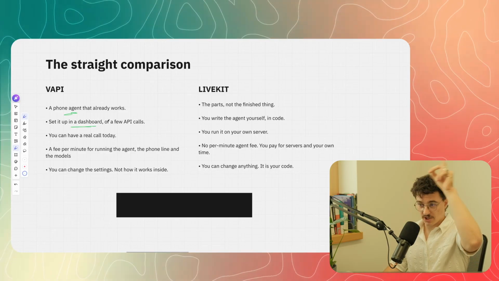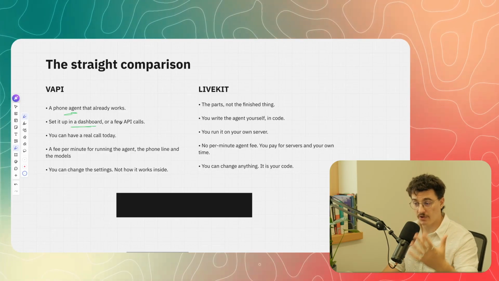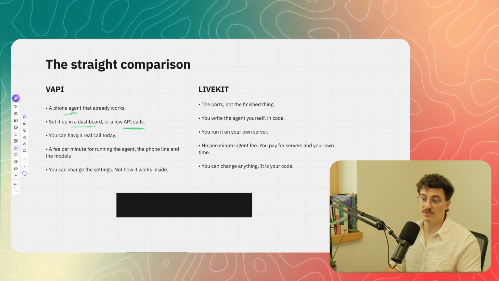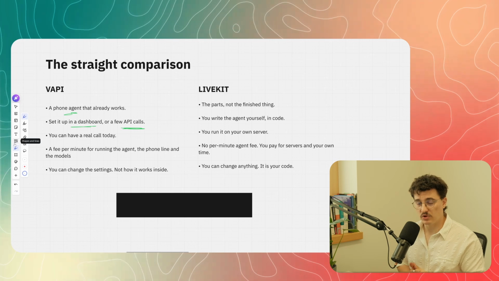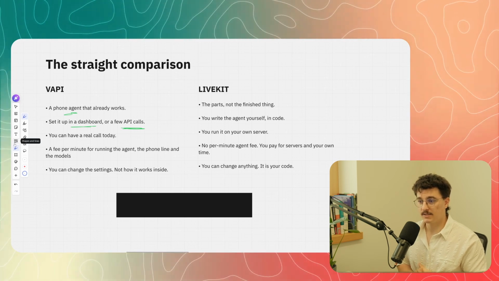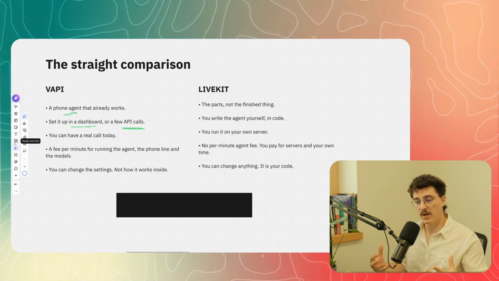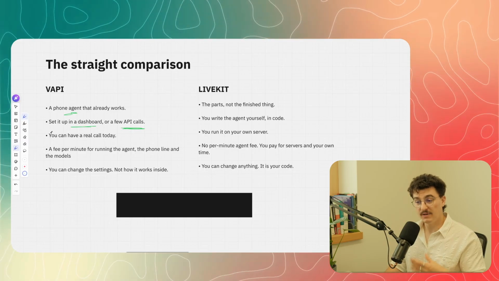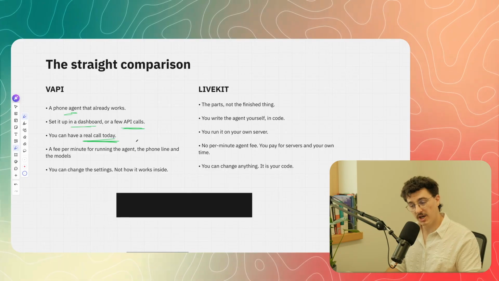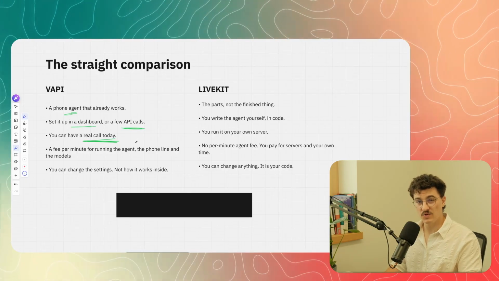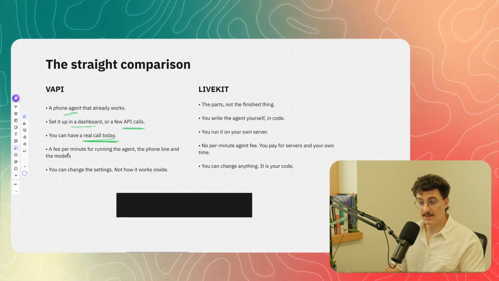You can watch it up here. Or alternatively, you can use API calls to build an agent quickly, tune the settings however you want them to be. But yeah, you can have a quick agent built really fast, and you can have a real call today. Genuinely, it's fast to set up and it's easy to set up.